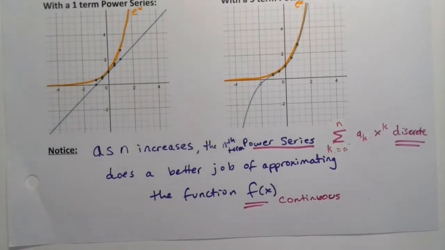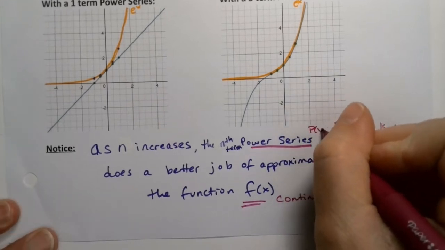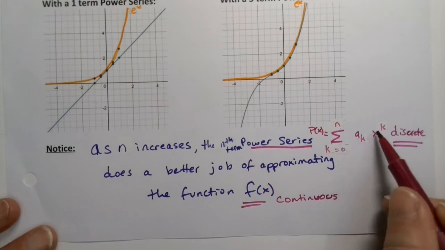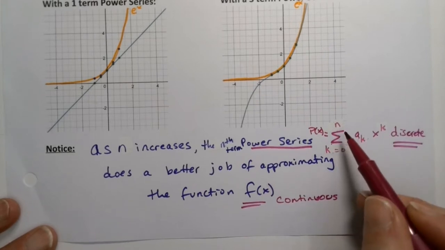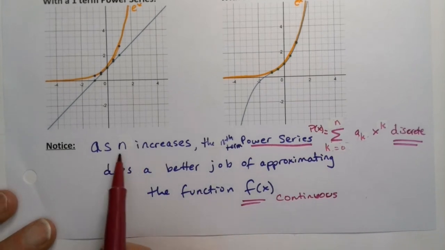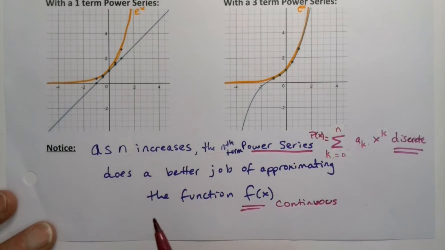It's a new polynomial, p of x. And it's made out of discrete packets, right? So you're summing a discrete amount, and that does a good job of approximating that function. And the larger the n is, the more terms there are in my polynomial, the better job it's going to do for approximating that continuous function, right?